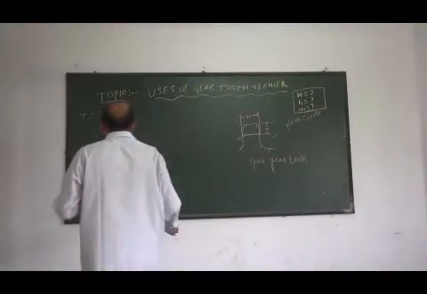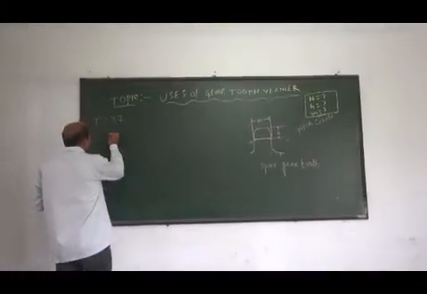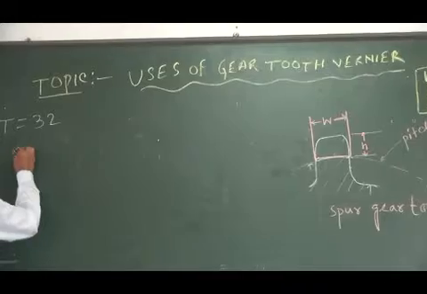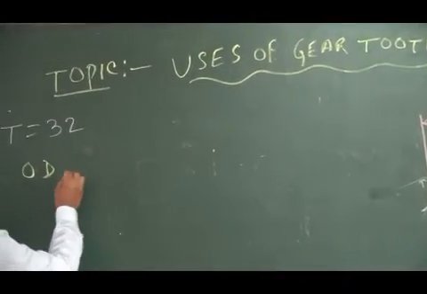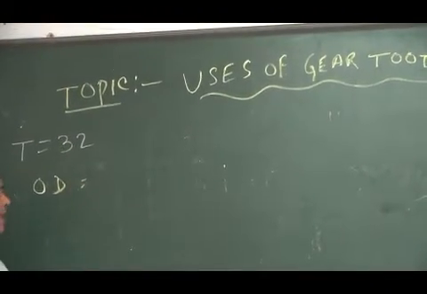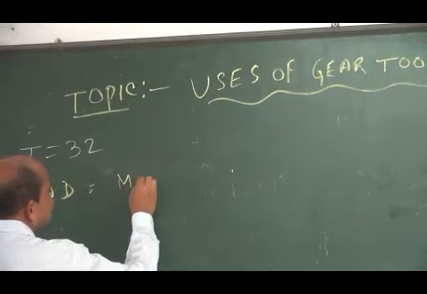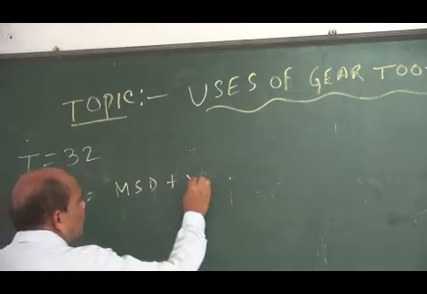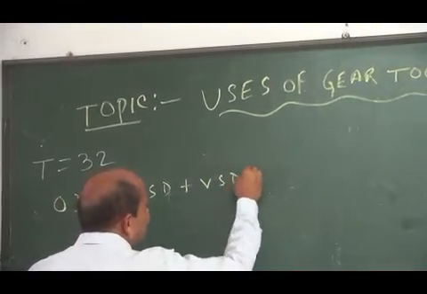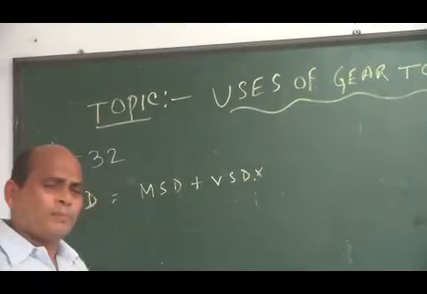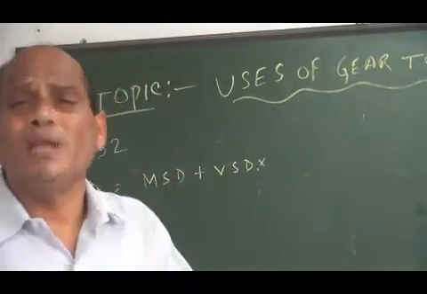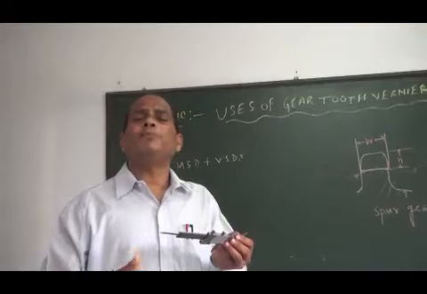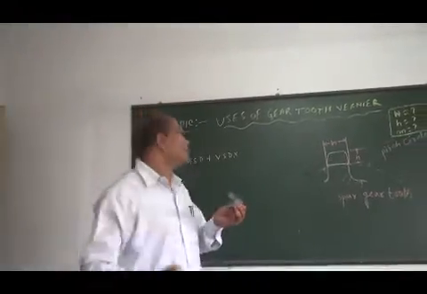Now we have to find out the total reading for outside diameter. Outside diameter OD equals main scale division plus vernier scale division into the vernier constant of this instrument, that is 0.02 millimeter. That means it can measure accurately up to 0.02 millimeter.